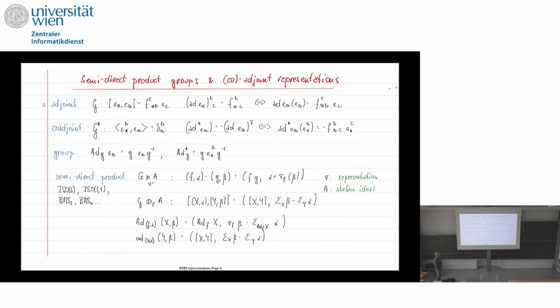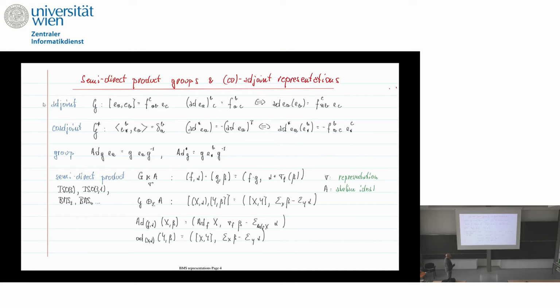Then the groups in physics, some groups in physics, if you're doing mostly flat space physics and not AdS or something like that, the groups very often in flat space have this structure, so they are semi-direct products. I'm thinking the most important one, of course, is the Euclidean group of translations and rotations, in fact, which is very often used as an illustration of the structure of the BMS group.